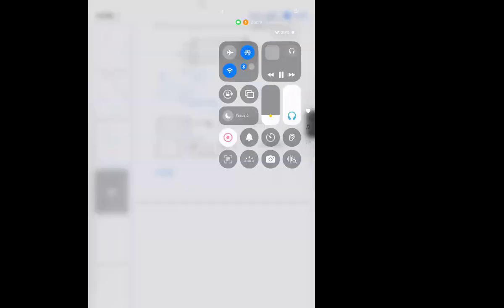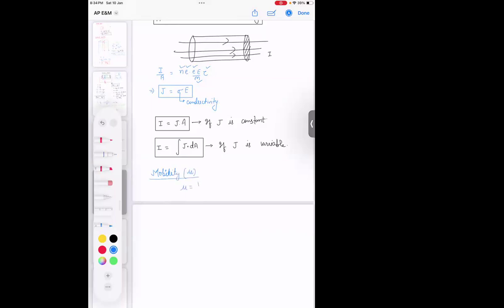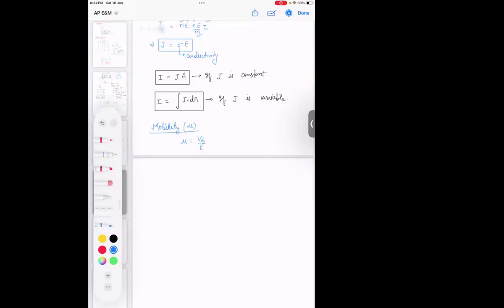The more easily it is able to move, the better the mobility. We write mobility by mu. Mobility will be drift velocity by applied field, that is called the mobility of an electron in a conductor.